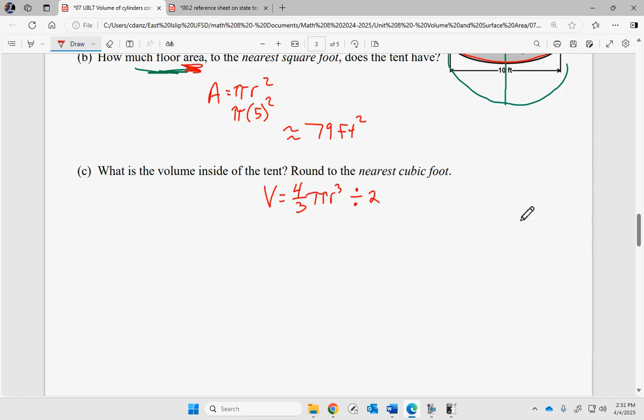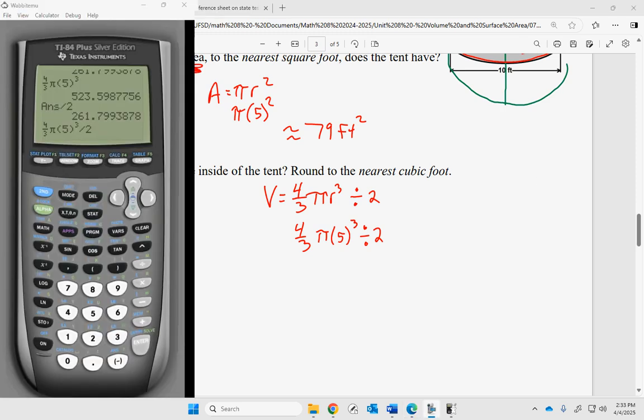So let's plug in these numbers. We'll do 4/3 pi. Remember, the radius was 5, and then we'll divide by 2. Do that on your calculator. So you could see I entered it in my calculator here, 4/3 pi times 5 cubed, and then divide by 2.